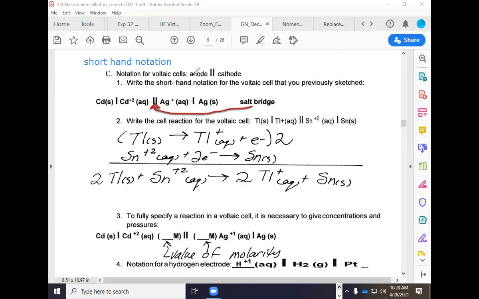You always put the anode first, and then the double line represents the salt bridge, and then you put the cathode.